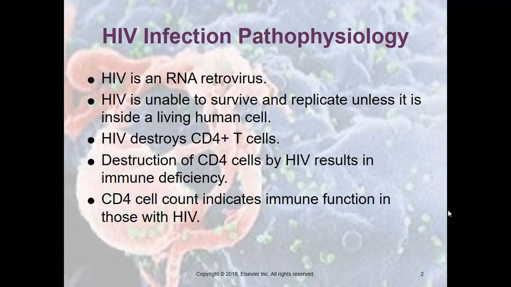So your CD4 count indicates your immune function, especially in those with HIV, because a low CD4 count would suggest that there is an overwhelming amount of the HIV virus within the body that's overtaking the CD4, your immune cells, and decreasing their function.